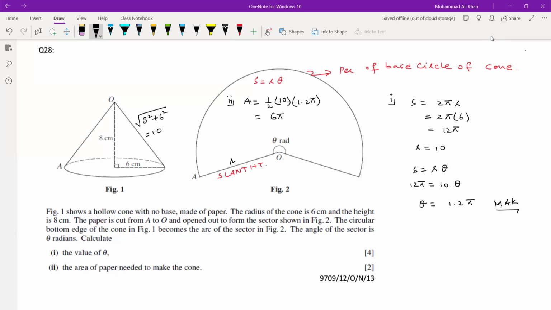No, 6 pi, 10 squared. Oh, sorry. Yes, 10 squared, so it will be 100. So the answer will be 60 pi. Clear? Any confusion? No.